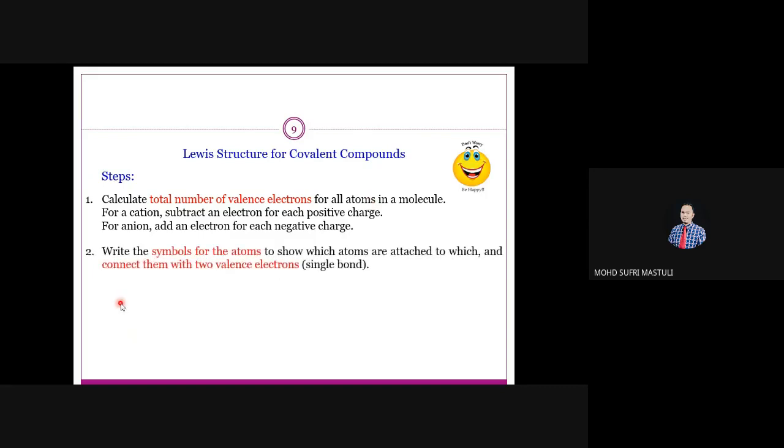Second, you have to write the symbol for each atom. Identify which atom is the central atom. Connect the atoms with single bonds, or two valence electrons. Third, try to complete the octet rule for the atoms bonded to the central atom.